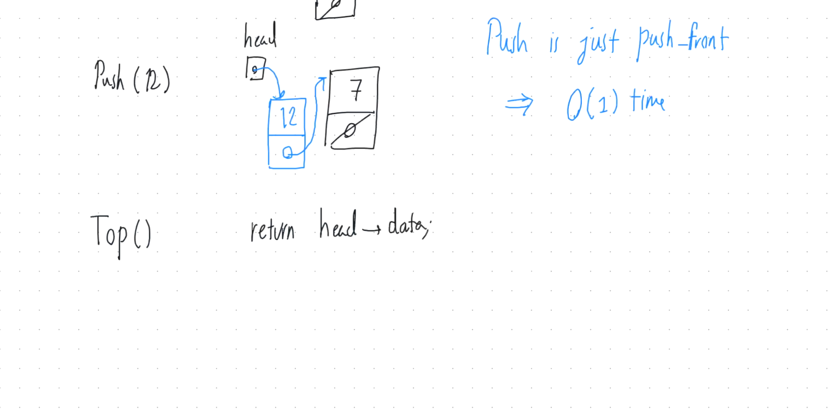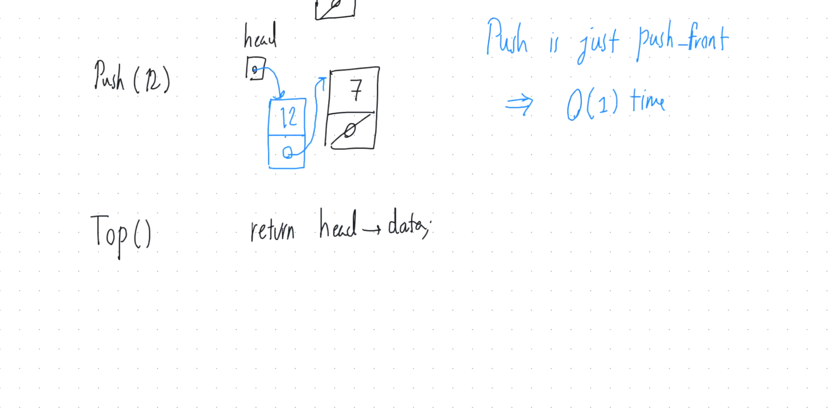Probably you need an if else statement that says if head is empty, then you return an error message and say that the stack is empty, there is no element to return. Otherwise, if it's not empty, you just return the data in the first node, which is, because of the way that we define push, the most recently added key to the stack. So in this case, 12.